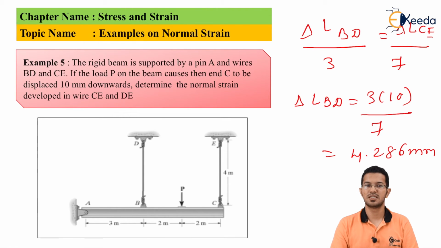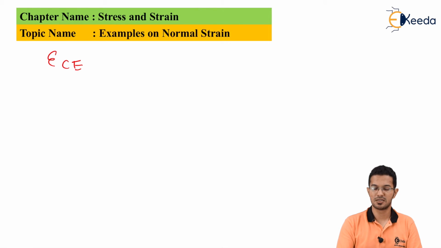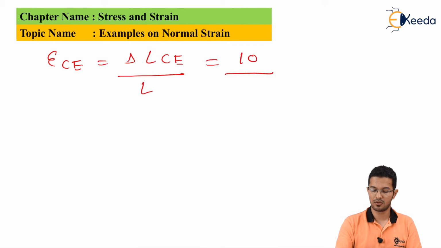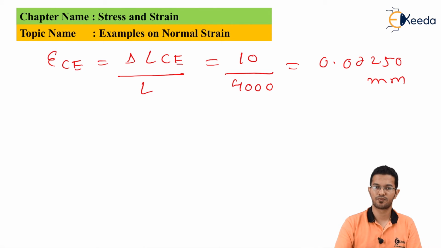Now, for epsilon CE, we know that epsilon CE is equal to delta L CE the whole upon L, which is equal to 10 upon 4000, which gives us 0.00250 millimeters.